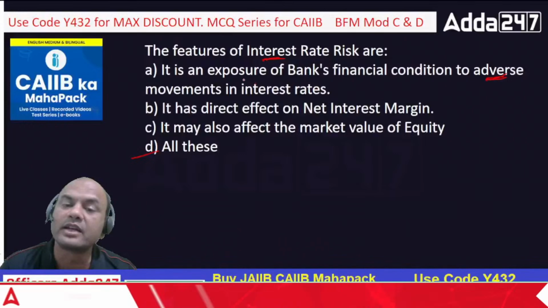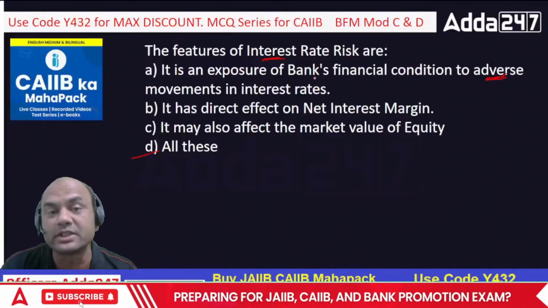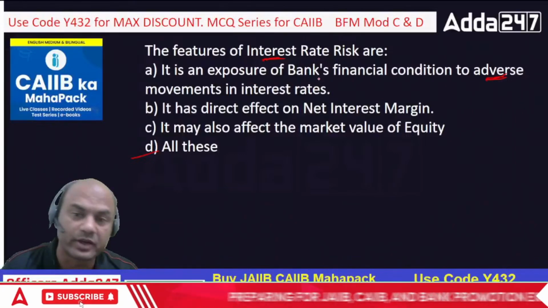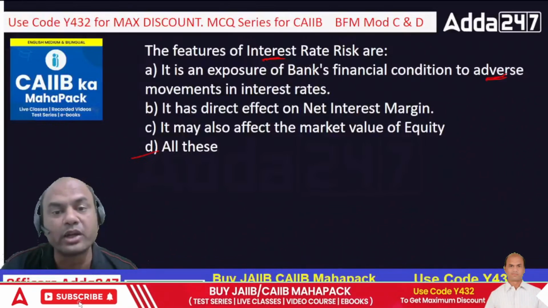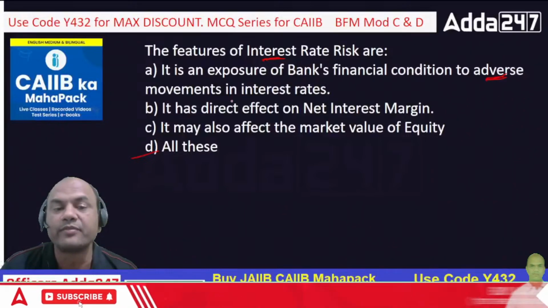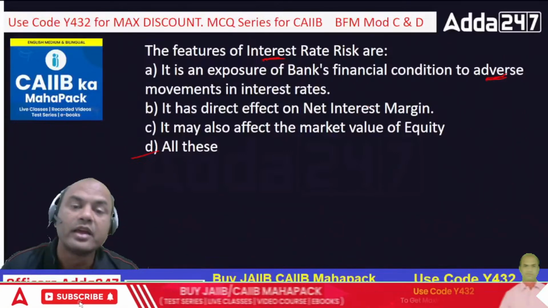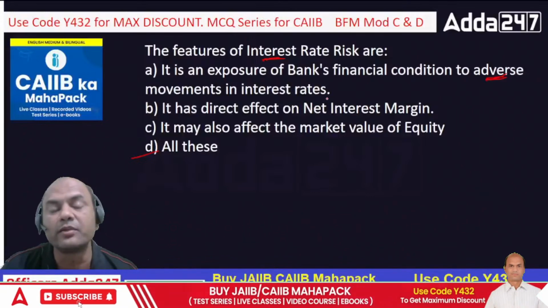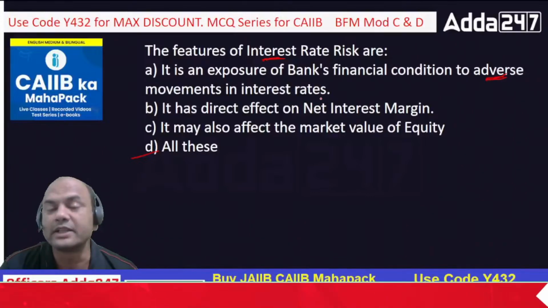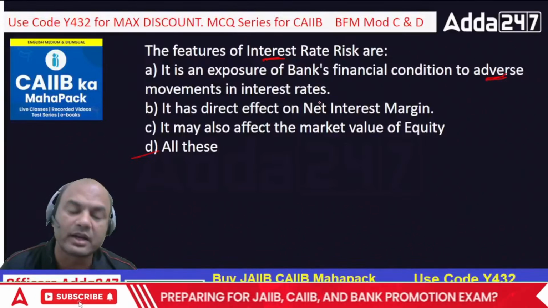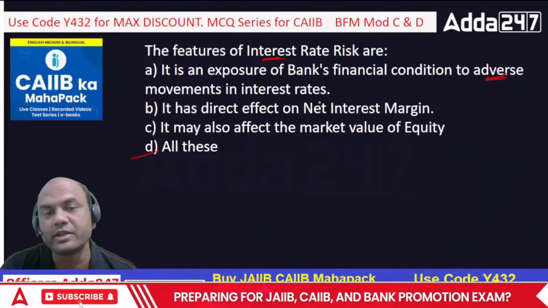So if the interest rates go in the adverse movement, like we saw just now, 6.13 to 6.12, means it is going down. So adverse movement. It has a direct effect on the net interest margin. If the interest rates go down, so definitely what will I do? As a bank, I'll have to reduce my rate of interest for loans and FDs both.